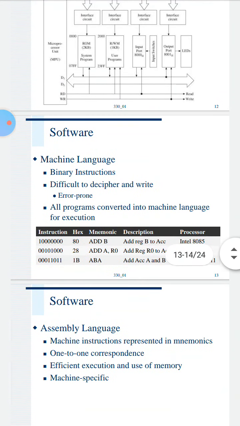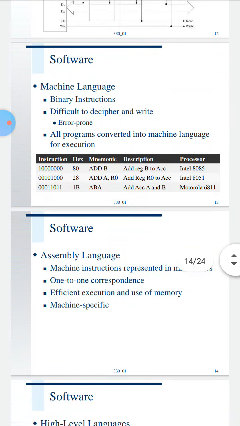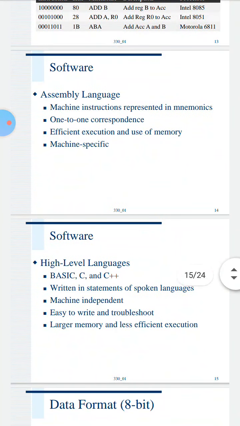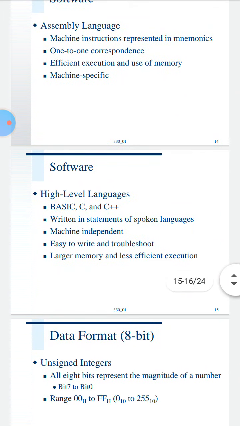Binary instructions are easy, and high-level languages like BASIC, C, C++ are written in statements close to spoken language, machine independent, easy to write and troubleshoot, but use larger memory and have less efficient execution.